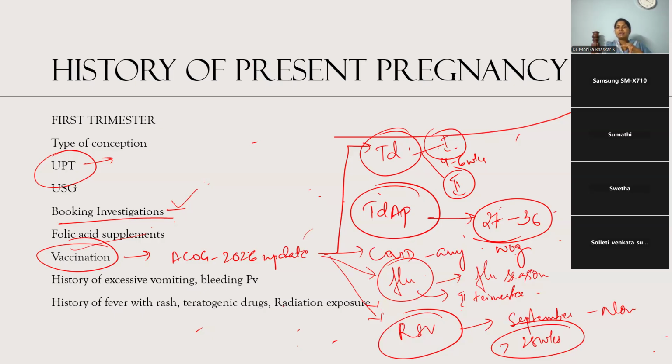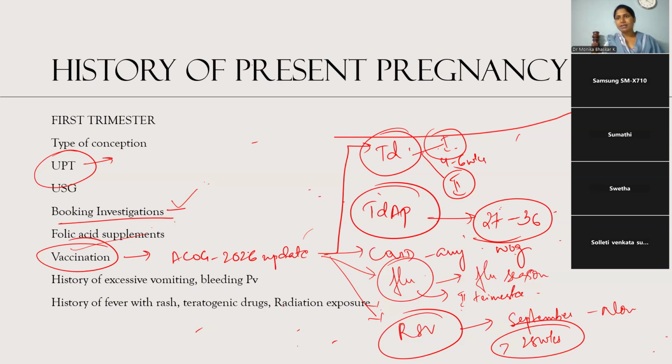So that is, we have to ask about excessive vomiting. And also we have to ask about bleeding PV and leaking PV. So we have to always differentiate if she has any spotting PV. For example, she has spotting PV and you have done a per speculum examination, there is some brownish discharge, os is closed. Then you do a scan, there is small subchorionic hemorrhage, but the fetal heart is all normal.